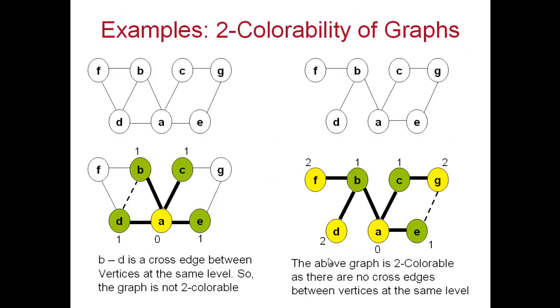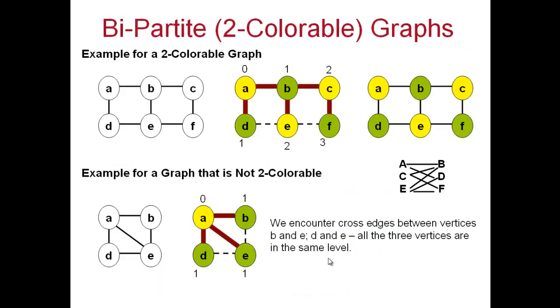Now let us do a case of the graph being not two colorable. So how do you find out if a given graph is two colorable or not? So one more case.